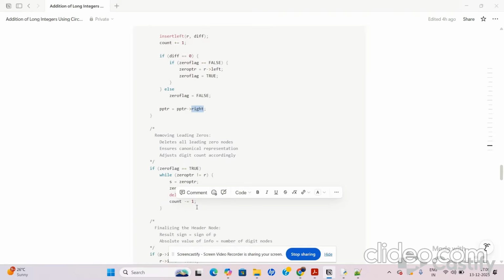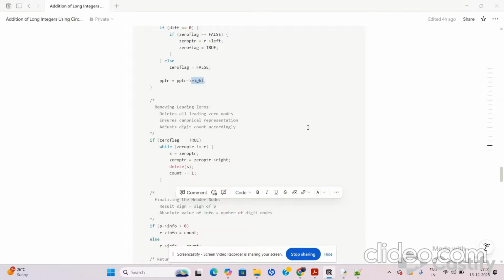Okay, so after this, we keep on collecting all the nodes that have all the leading zeros. In that case, if the 0 flag is true, which we have set here, you keep deleting such nodes and decrement the count of nodes by 1.